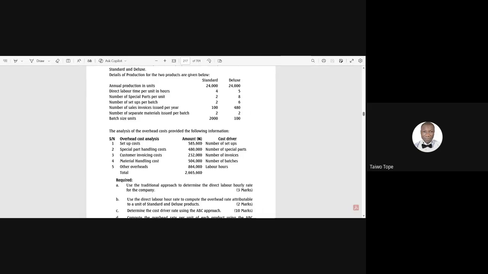Now, the total labor hours for the two products, because we are to work based on direct labor hourly rate. Direct labor time per unit for standard is 4, and for the loss is 5.